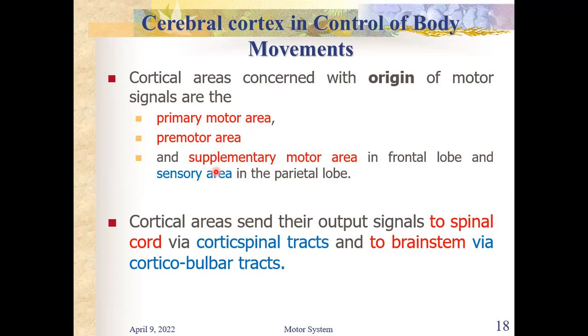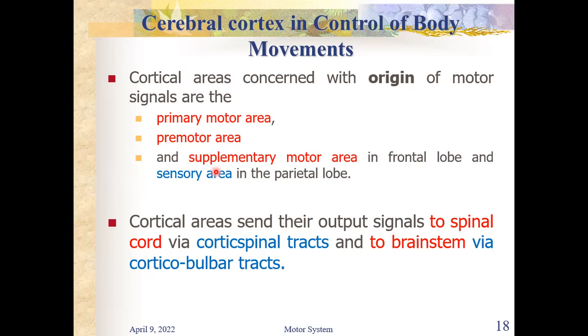But the prefrontal area is only concerned with motivation, foresight to plan and initiate movement. For example, if you want to take a movement, you calculate your steps.